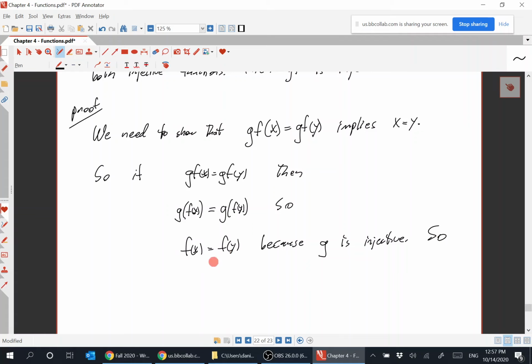So what now? f x equals f y, so x equals y because f is injective. Exactly. And that's it. You could say "as required" if you want to be fancy.